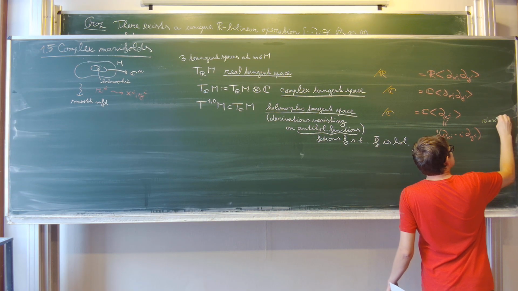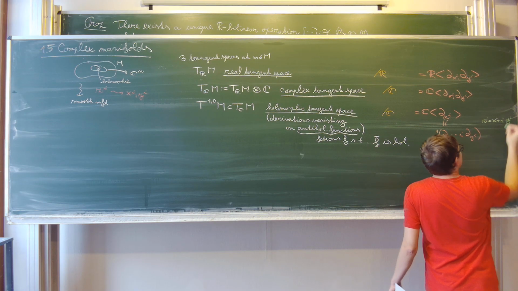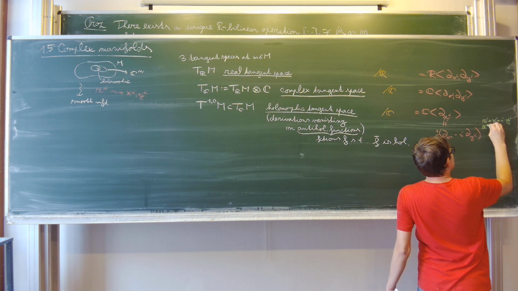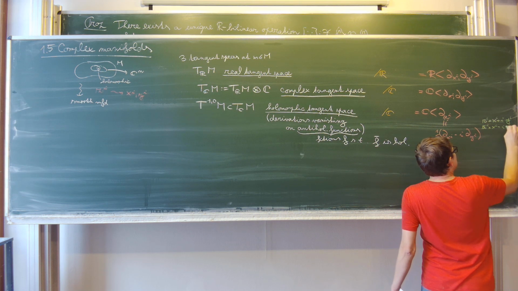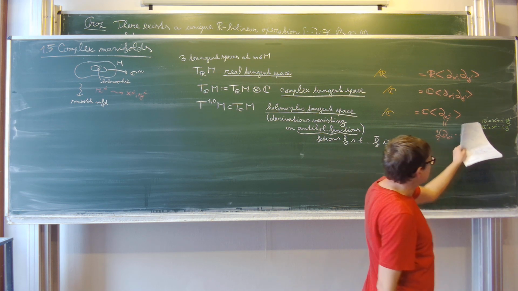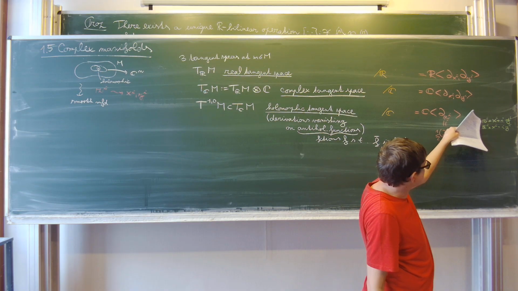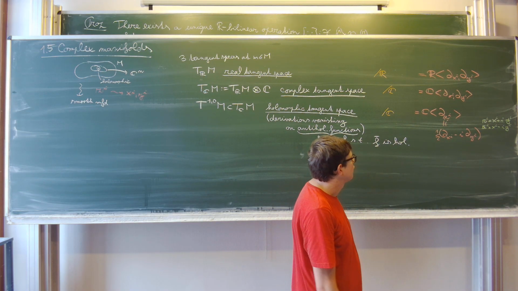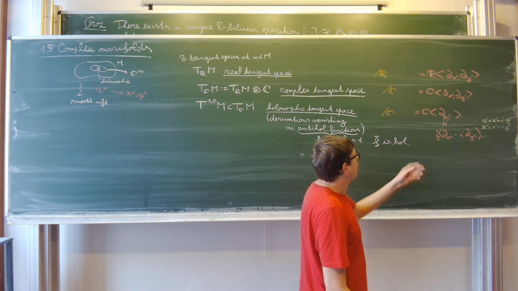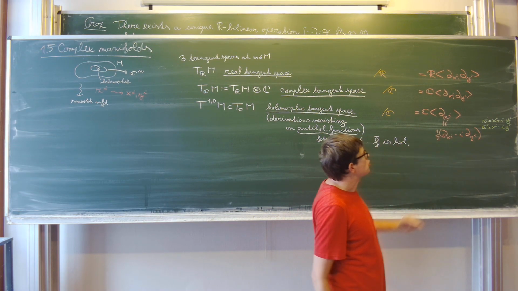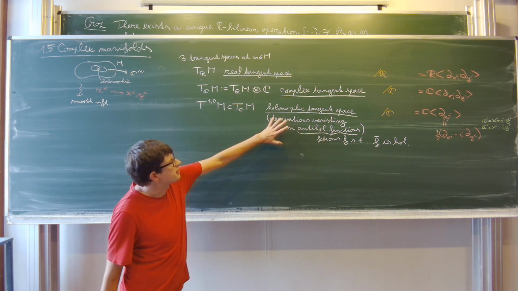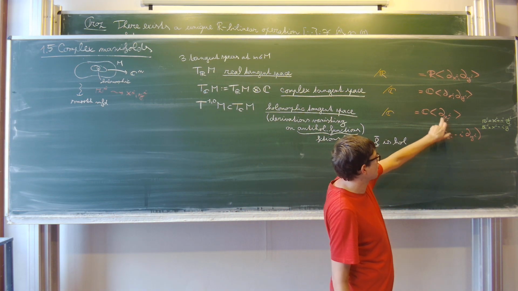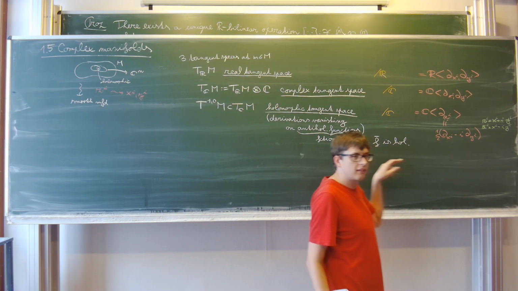I'm putting some i's, not to be confused with big I. And if you treat this as a real change of coordinates and you express z out of x and y, then this is what you end up with. One has to be careful here: I'm really defining this object in this way. Abstractly, it's this, but if you ever wonder about the meaning of the concrete formula, then it's this.